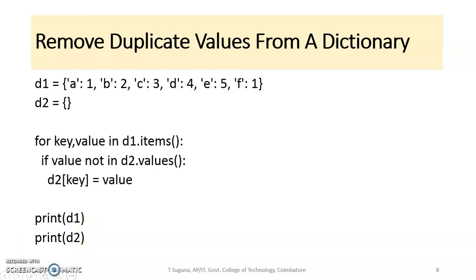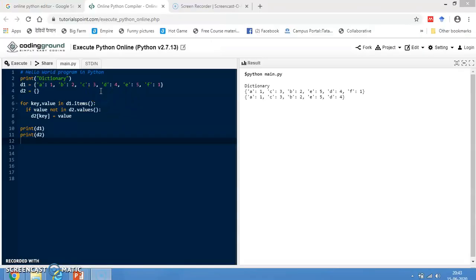Now we discuss how it works by executing the code just discussed in the previous slide, using an online compiler for Python programming. Here the dictionary D1 has a set of values which has a duplicate value 1 for a key. Then D2 is an empty dictionary. Now we use a for statement to get key value pairs from dictionary D1.